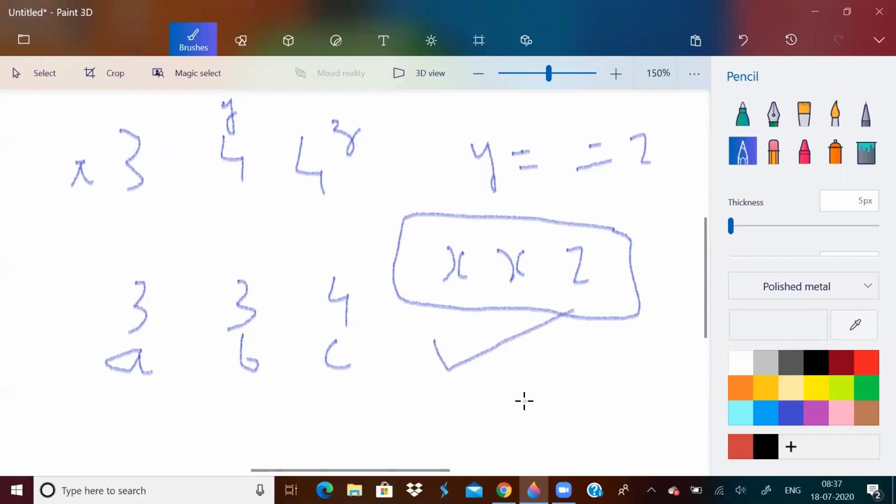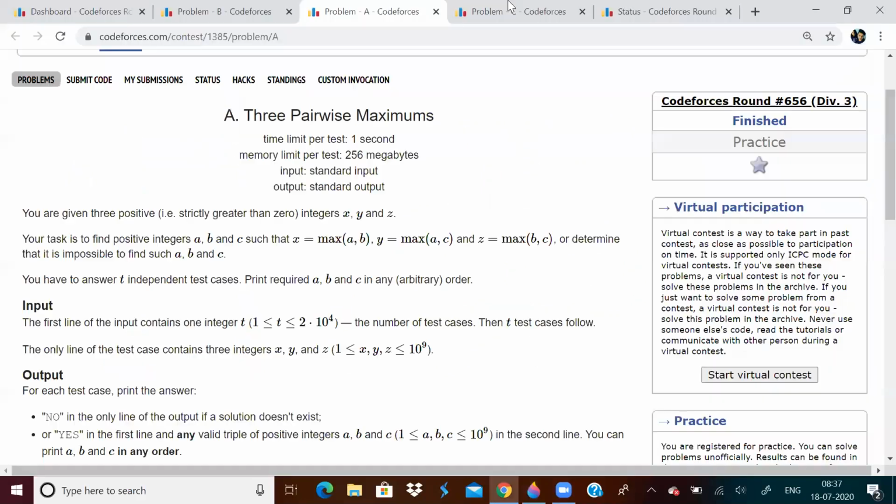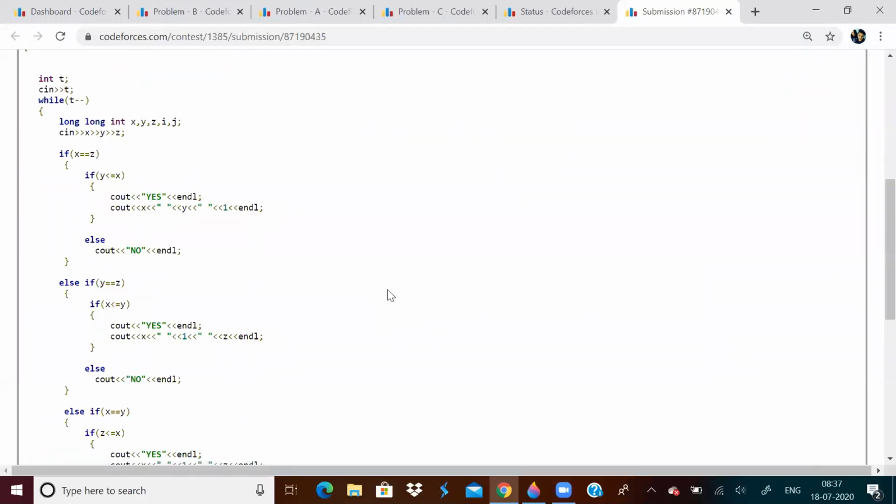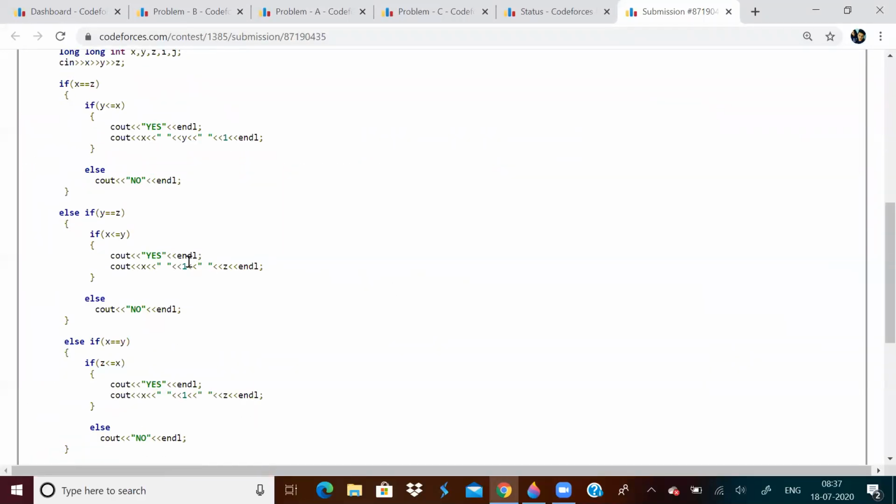I got this after submitting. I'll show you my solution also, but my solution was different. I was thinking about some other thing. So basically, I thought I can include 1 everywhere, because anything max 1 will be anything only, right? You take any number apart from 1 and you say max of that number and 1, it will be that number only.